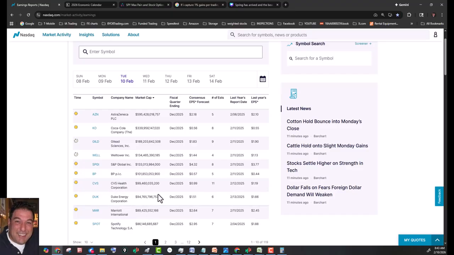A lot of familiar names down here, but not really market movers. Nothing here is really going to be a market mover today, even though AstraZeneca is almost $500 billion, almost two-thirds of $1 trillion. The market really doesn't react so much to these.